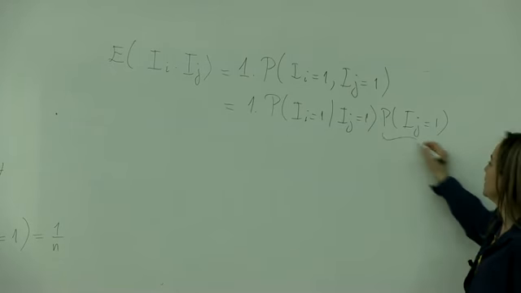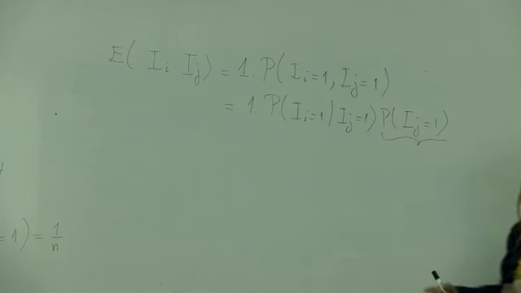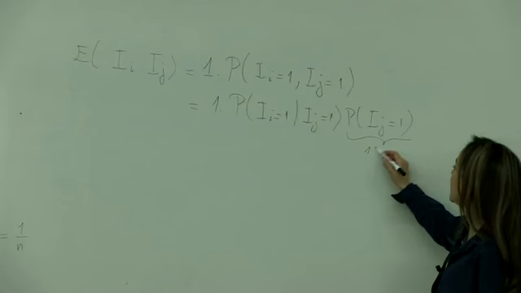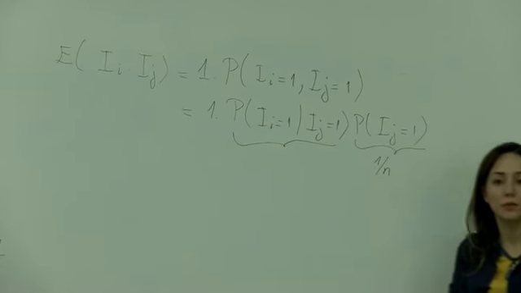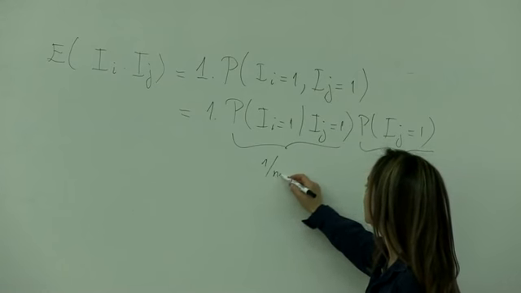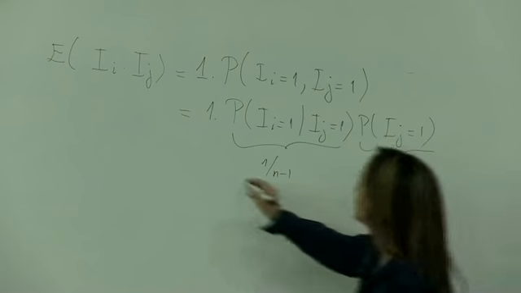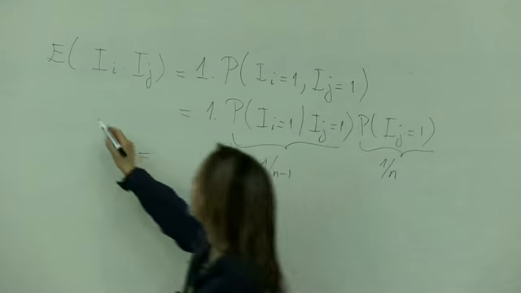We already know this. It's p, which is 1 over n if there are n people and n hats. And the other one is the conditional probability that we just talked about, which is 1 over n minus 1. Great. So we computed the expectation of I sub i times I sub j when i is not equal to j.